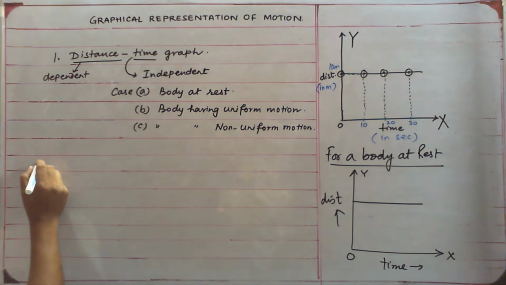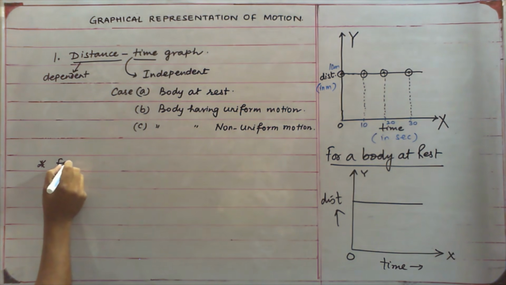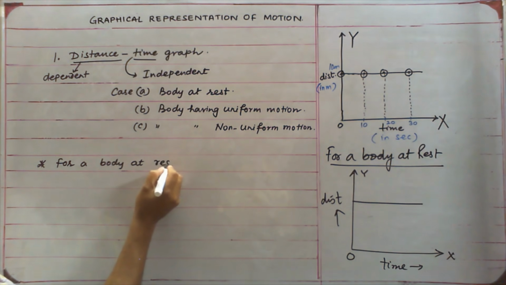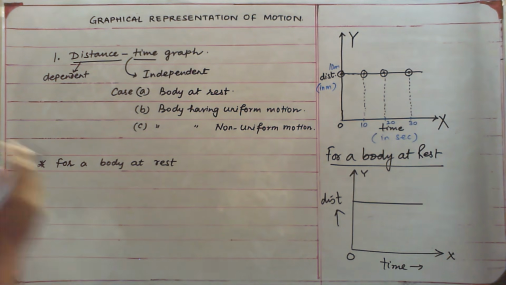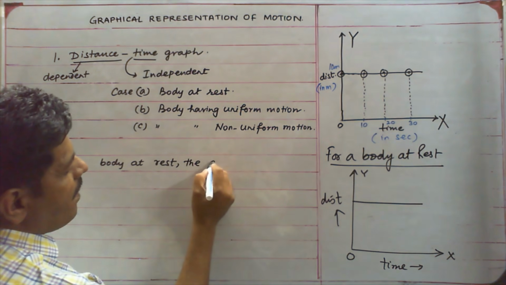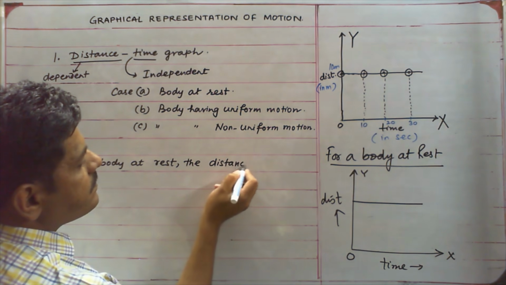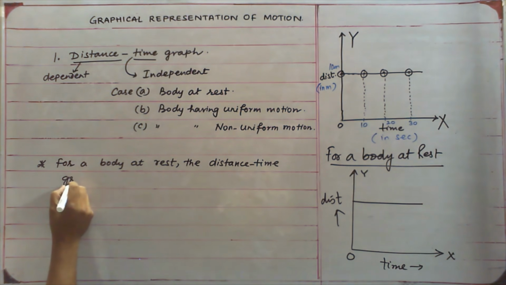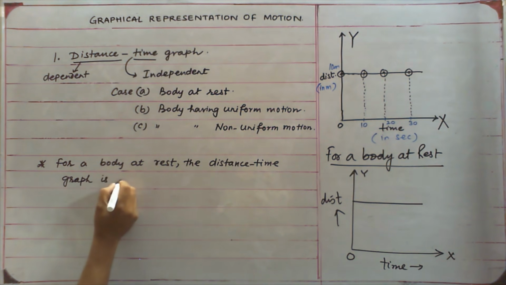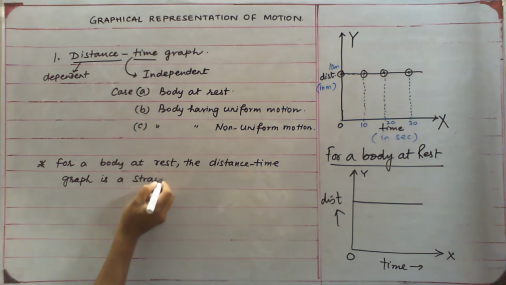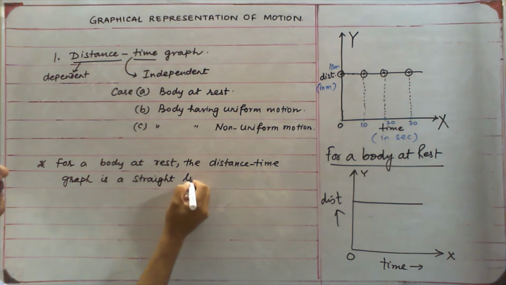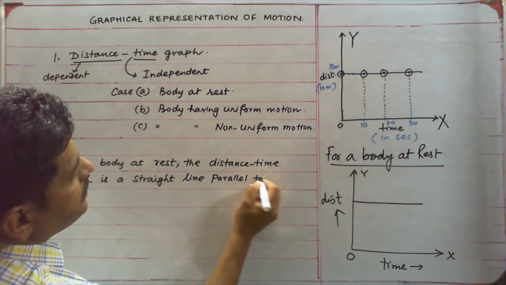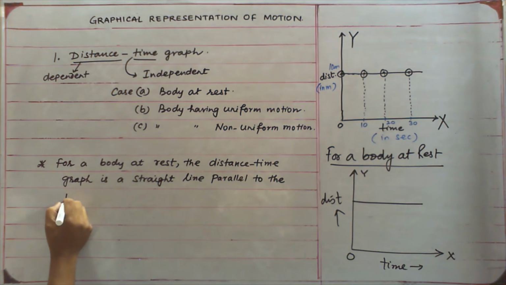So the note would be, for a body at rest, the distance time graph is a straight line parallel to the time axis.